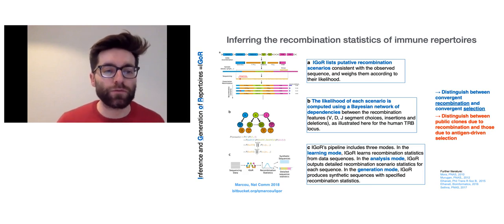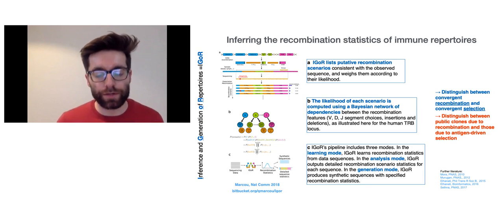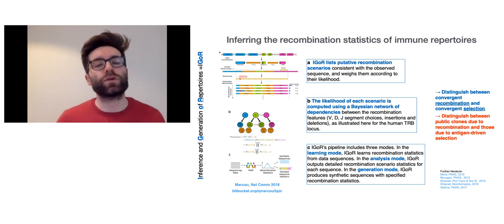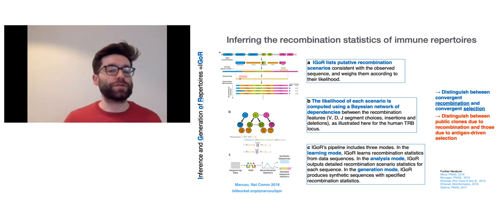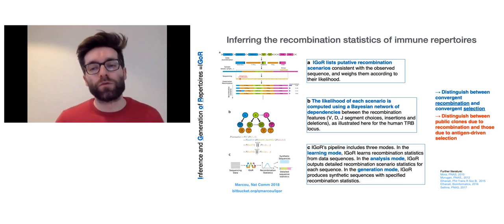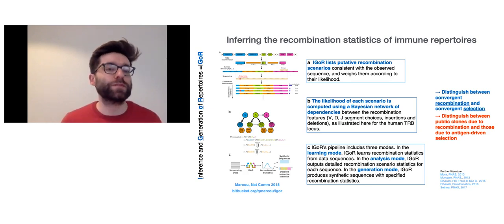What is nice with IGoR is that once you have trained it on your data, you can assign a generation probability to your sequence, which means you can see how likely it was that a certain sequence could have been generated. This can also help you understand whether the public clones that you see are there because they are very easy to generate, or because they have been elicited by an antigen response.